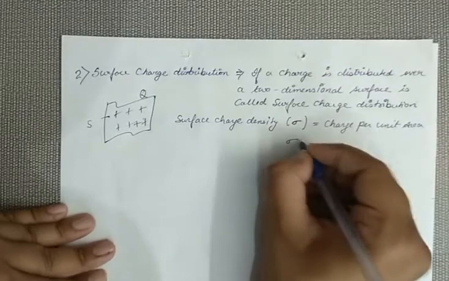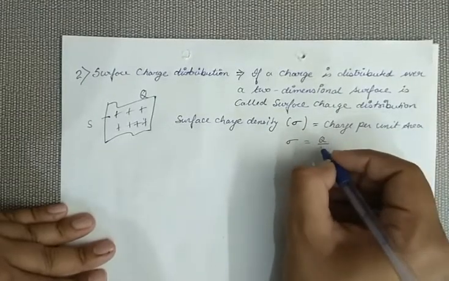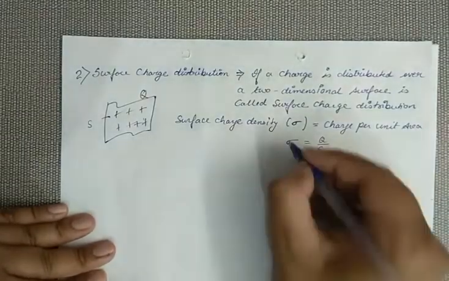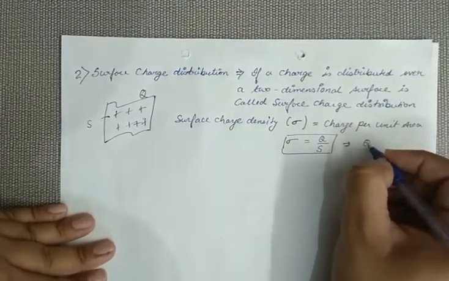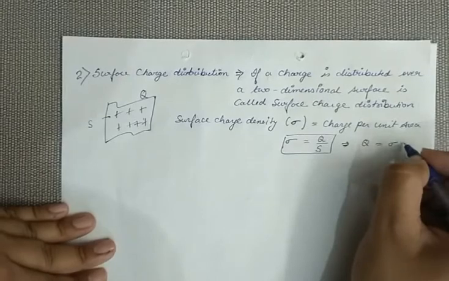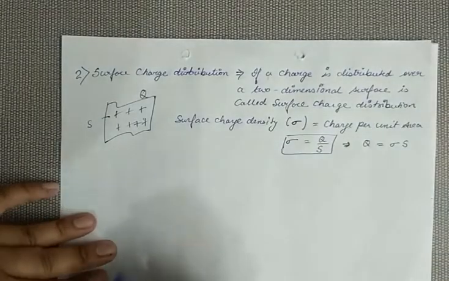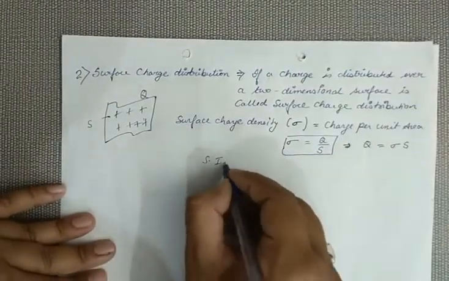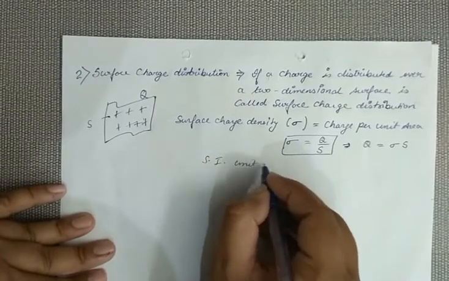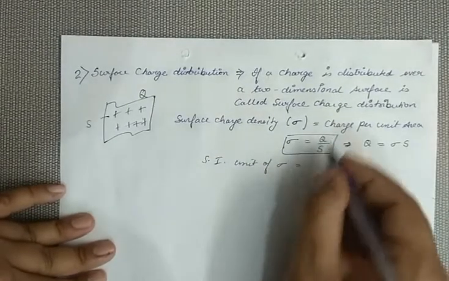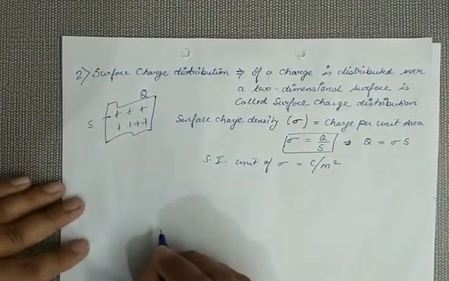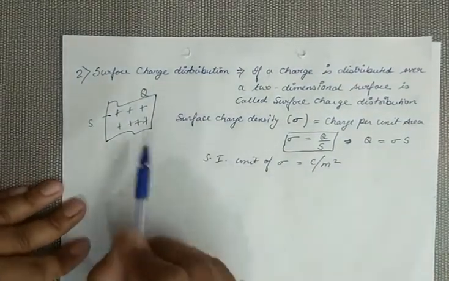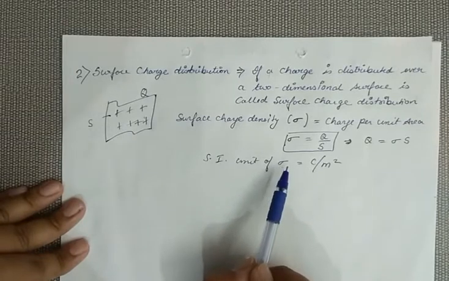So you can write sigma equals Q by S, charge per unit area, or sometimes we can also find the value of charge Q, written as sigma times S, sigma into area. The unit of sigma this time: charge is Coulomb and area is meter squared, so Coulomb per meter squared. This formula is used when the charge is distributed on any surface or plate.